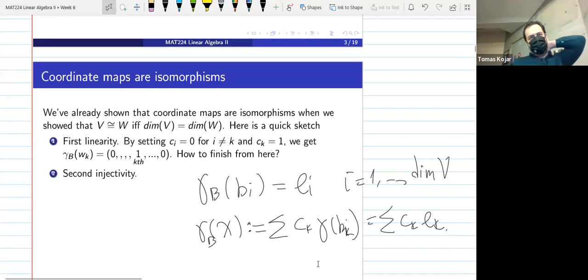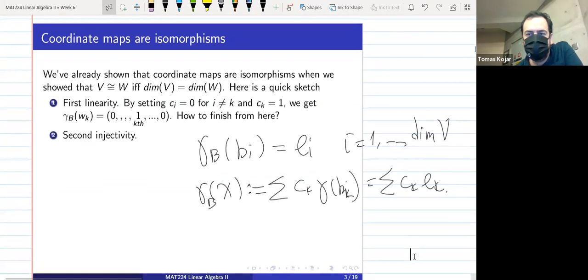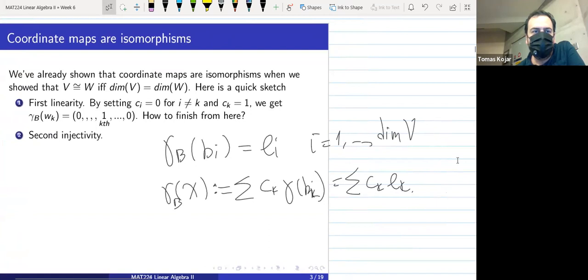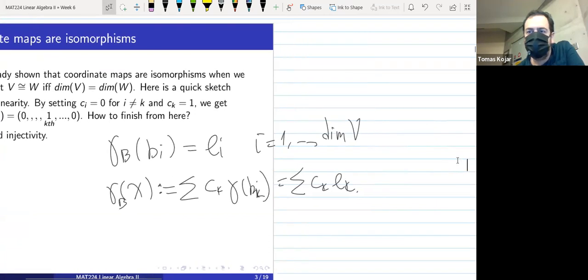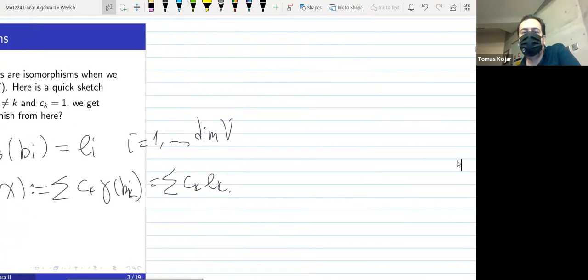All right, question? I went through this, but let me review it. It's good. So why is this coordinate map linear? Too many details, so let me clean this up. We want to show that the map is linear. We can do it together.